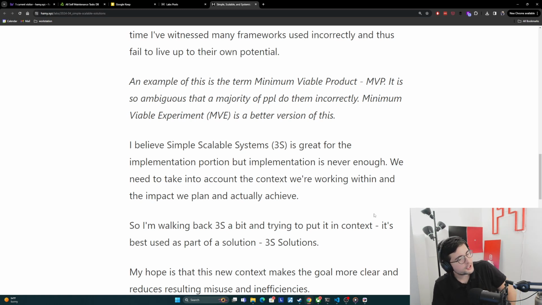And I did consider just dropping it to 3S altogether, like simple scalable solutions, but one, it felt consulty and not as catchy, so I didn't really like that. But the other thing is that I do think simple scalable systems are important because what we're trying to do is basically crystallize a general reproducible thing that works well at scale.